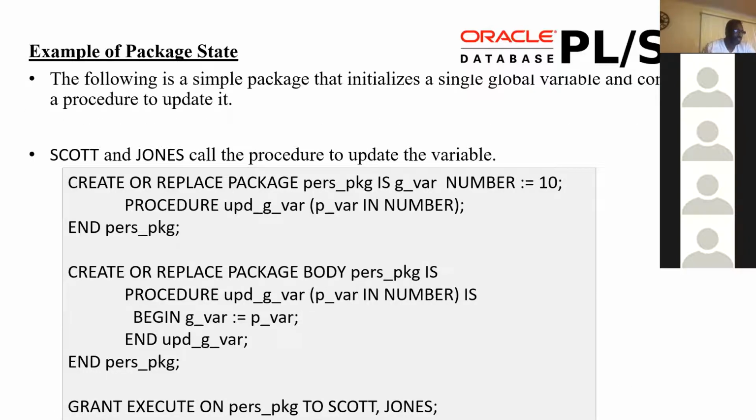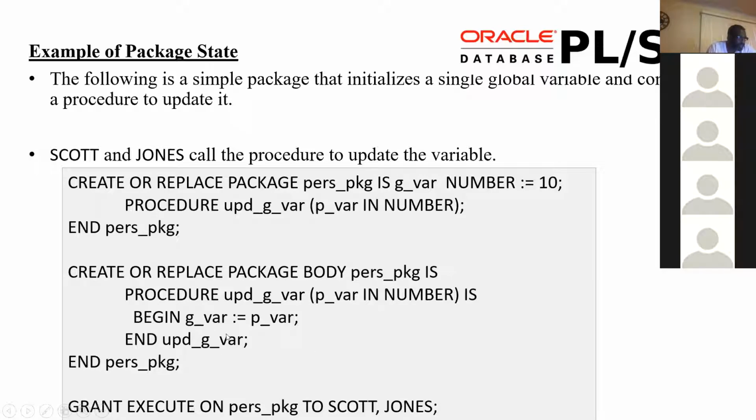All right. So the following is a simple package that initializes a single global variable and contains a procedure to update it. Basically, in our package specification and body, pretty basic, we're declaring a variable, and the value of this variable is 10.